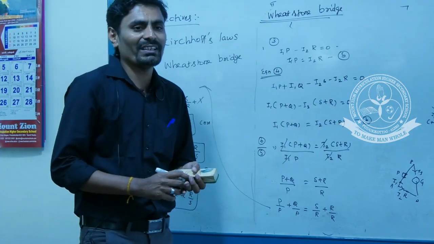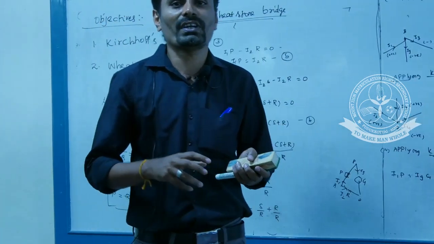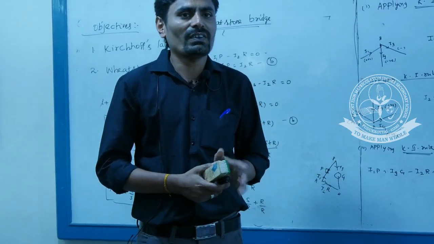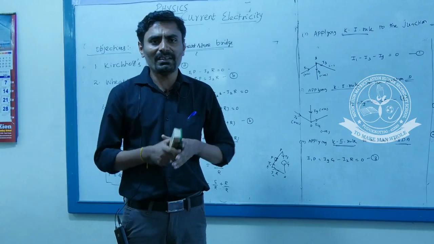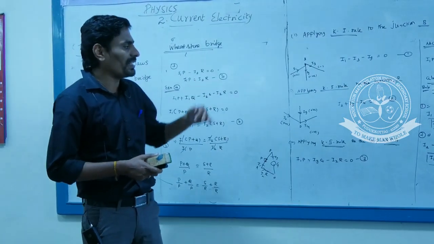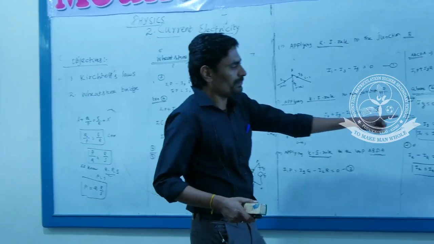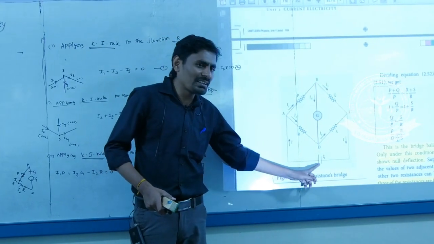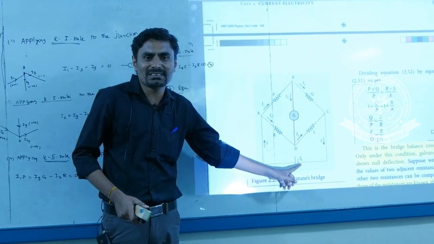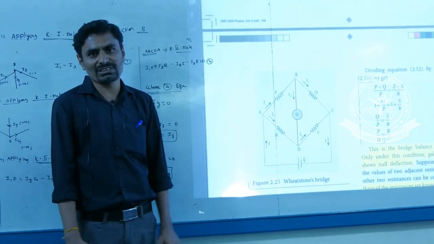The Wheatstone bridge is an important application of Kirchhoff's law. It consists of four resistances P, Q, R, S in a closed loop A, B, C, D, A. The terminals B and D are connected to a galvanometer, and the terminals A and C are connected to a cell. That is the Wheatstone bridge.